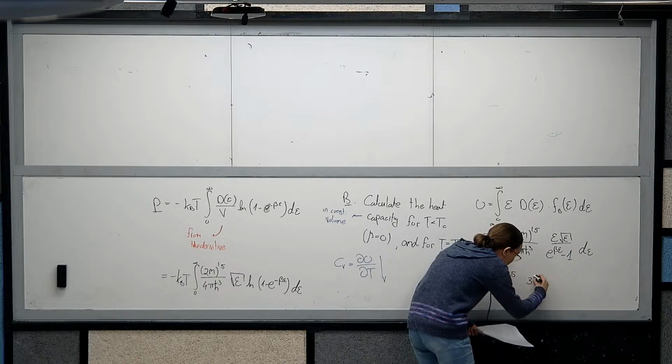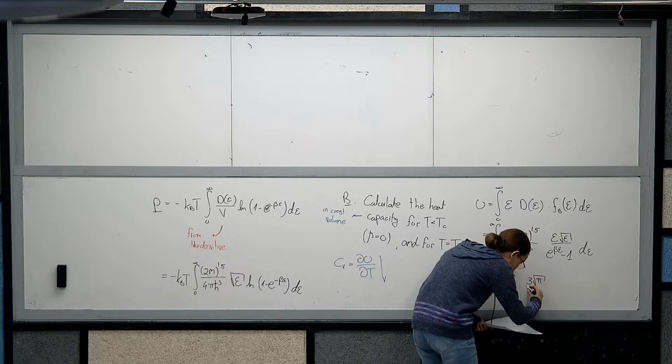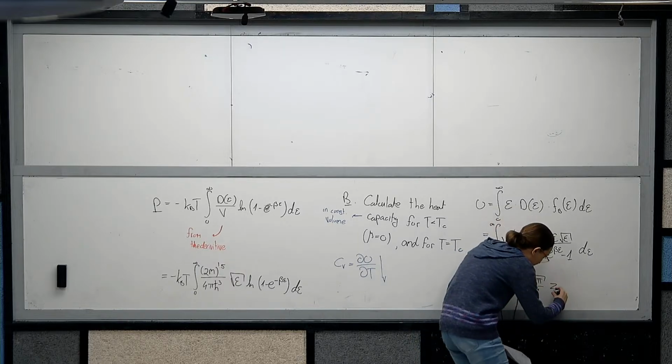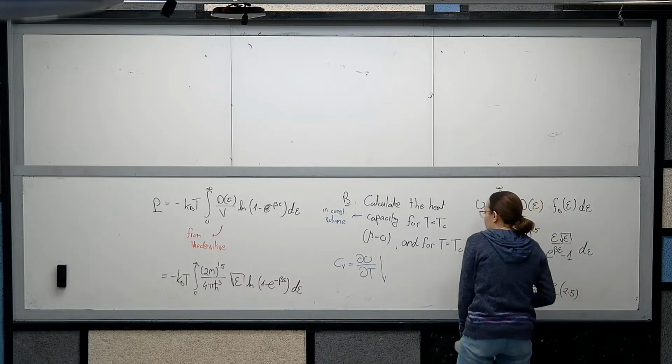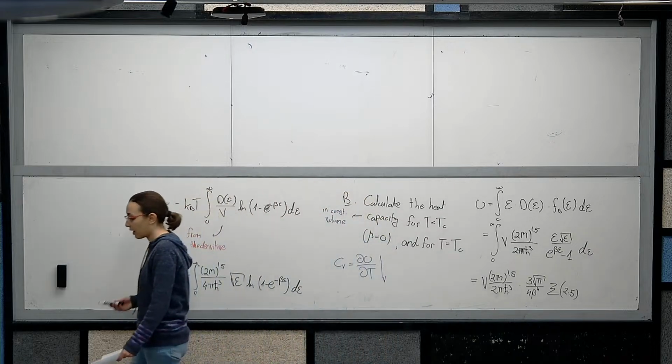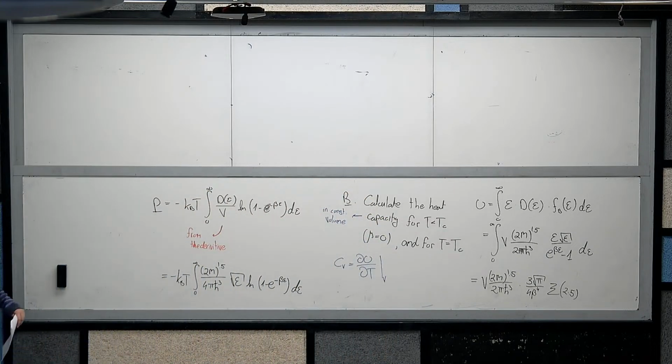So we have some constants from the integral, and the zeta function of 2.5. Okay, so what happens here?